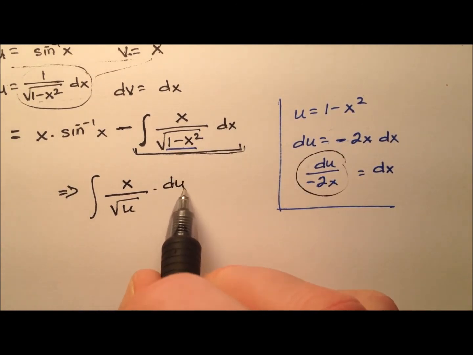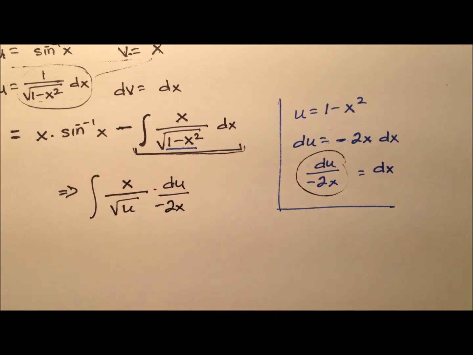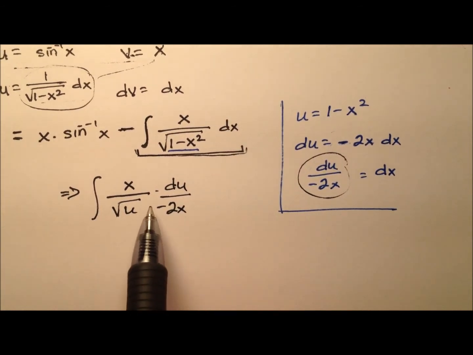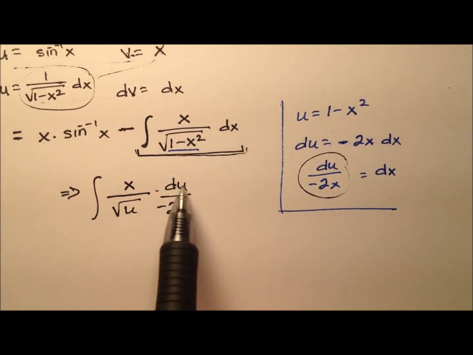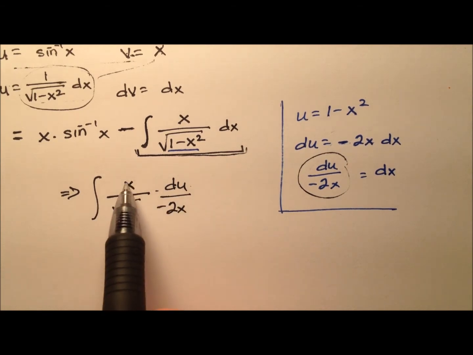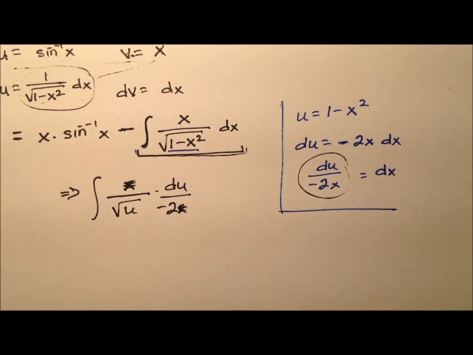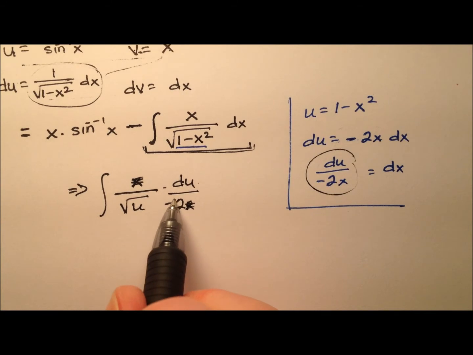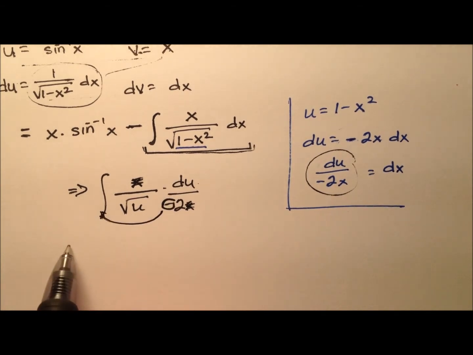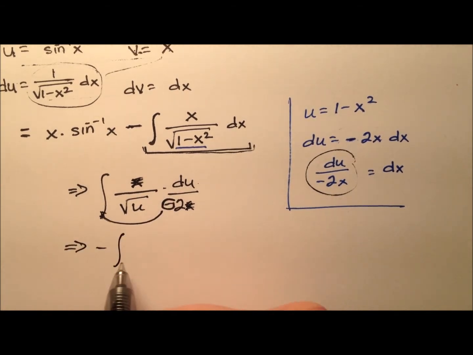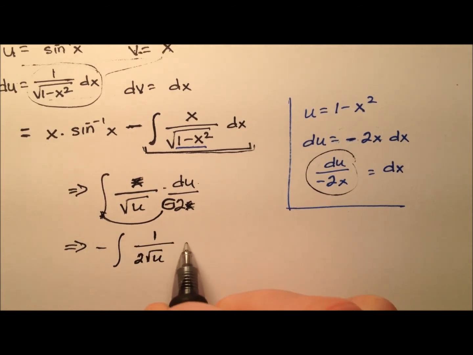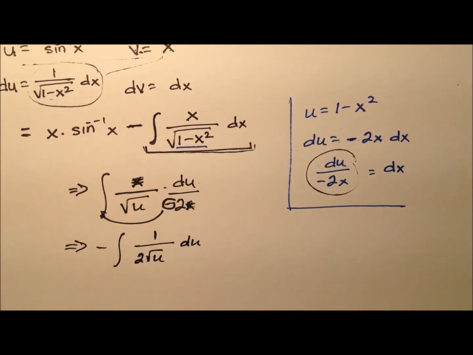So we have du over negative 2x. Well, okay, I notice I have some du's and some u's and some x's, but it's nice because these x's actually end up canceling. So let's take this negative out front. So we have the opposite of the integral of 1 over 2 times the square root of u du.